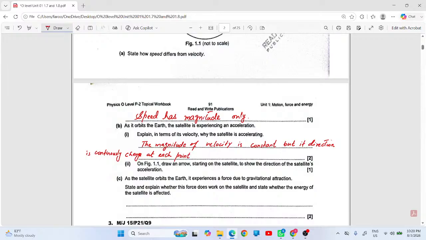Okay? Therefore, acceleration is produced.